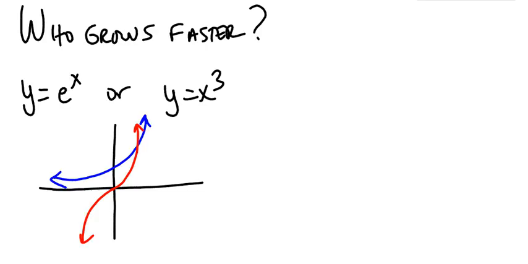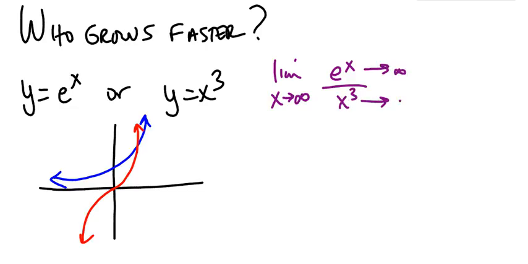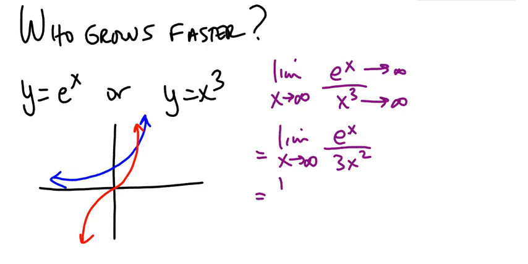How does that go? Well, if we take the limit as x approaches infinity, e to the x over x cubed, we realize that the numerator heads to infinity and the denominator heads to infinity, and so we will try again. This is the limit as x approaches infinity of derivative numerator over derivative denominator, and we recognize that this goes to infinity and this goes to infinity, and so we try again.